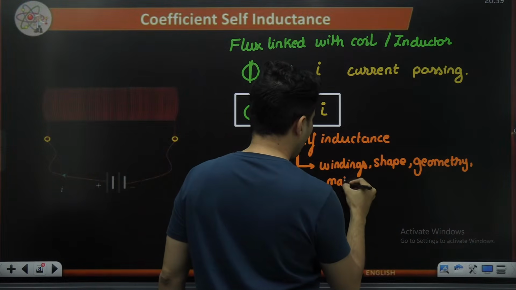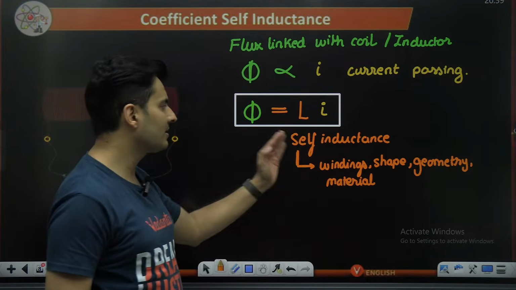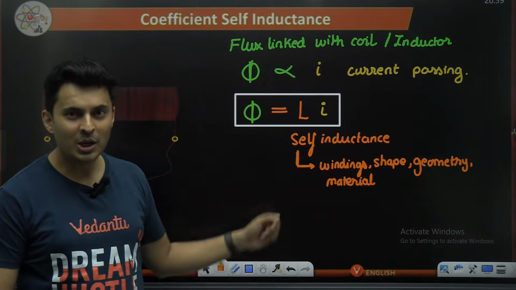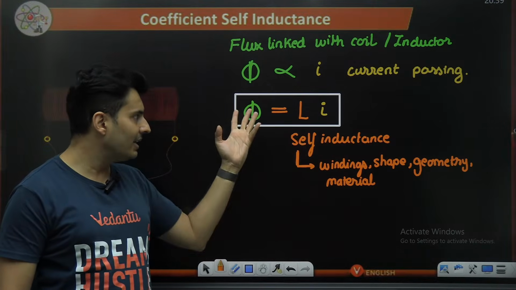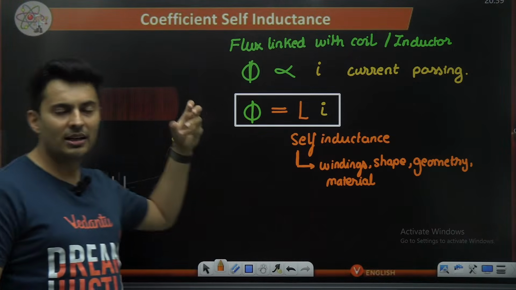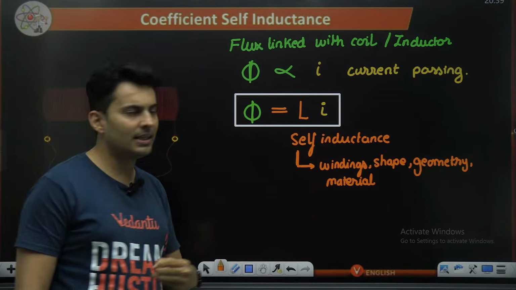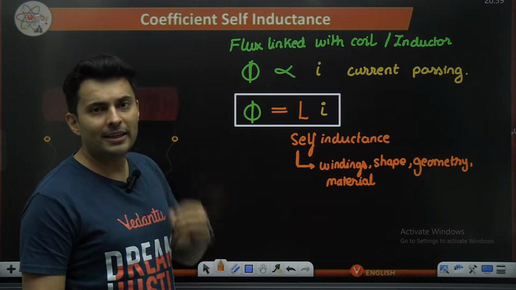Whatever magnetic material you are putting inside, all these things decide the self-inductance. So if I increases, phi will increase, L will only depend on the windings, geometry, shape, size, etc., nothing else. So having said that, sir, what is the unit of L?